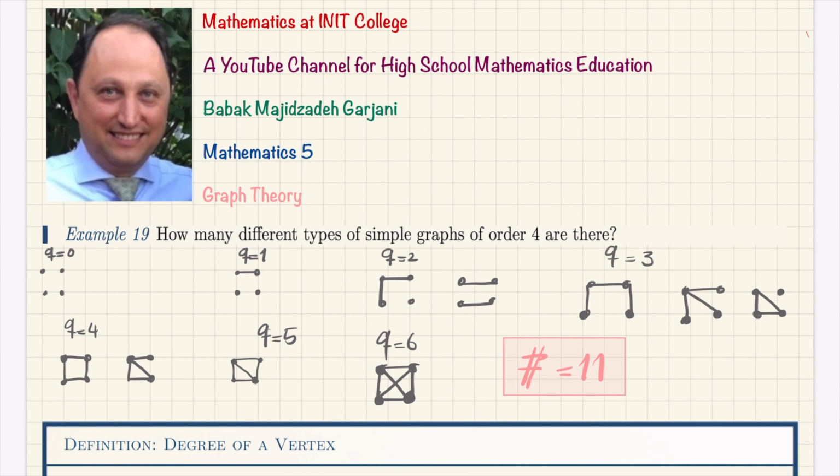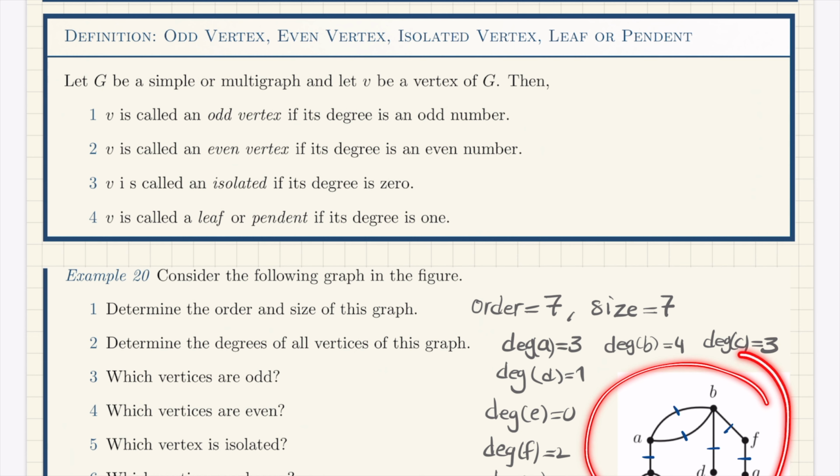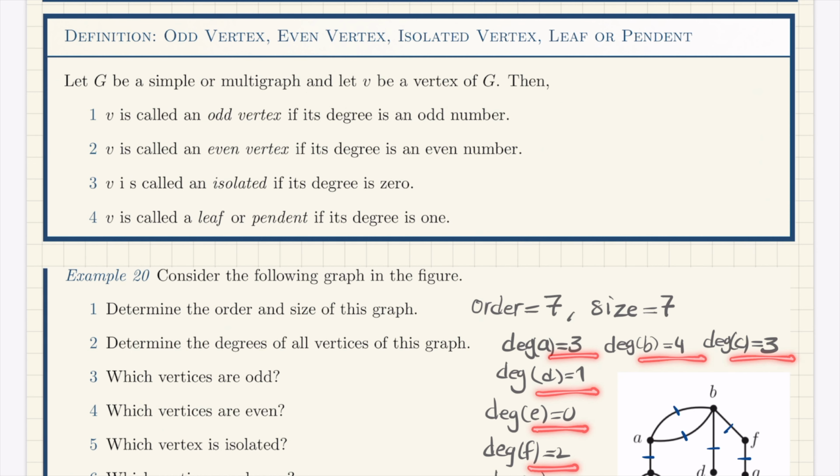But let us, for example, go to the graph that we had before in the previous session. If you see on this, I have already determined all the degrees of all the vertices here. So let me start adding them up. 3 plus 4, 7 plus 3, 10, 11, 11, 13, 14. Yes?